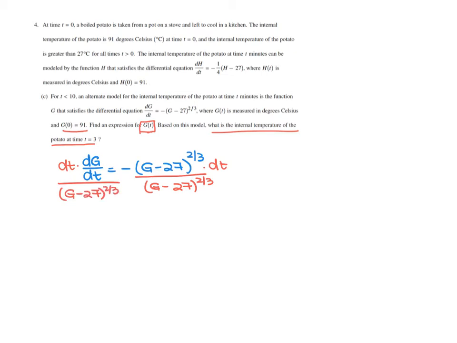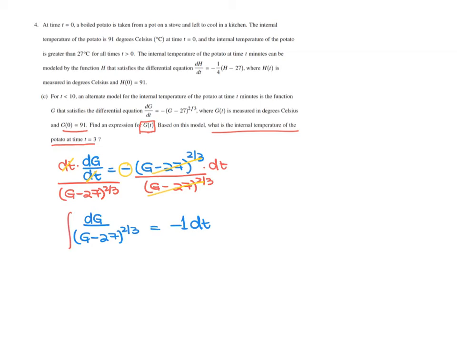I'm just going to leave this negative right over here because it makes life so much easier. So the dt will cancel out, this will cancel out, so now we're left with dg over the quantity g minus 27 to the 2/3 is equal to negative 1 dt.